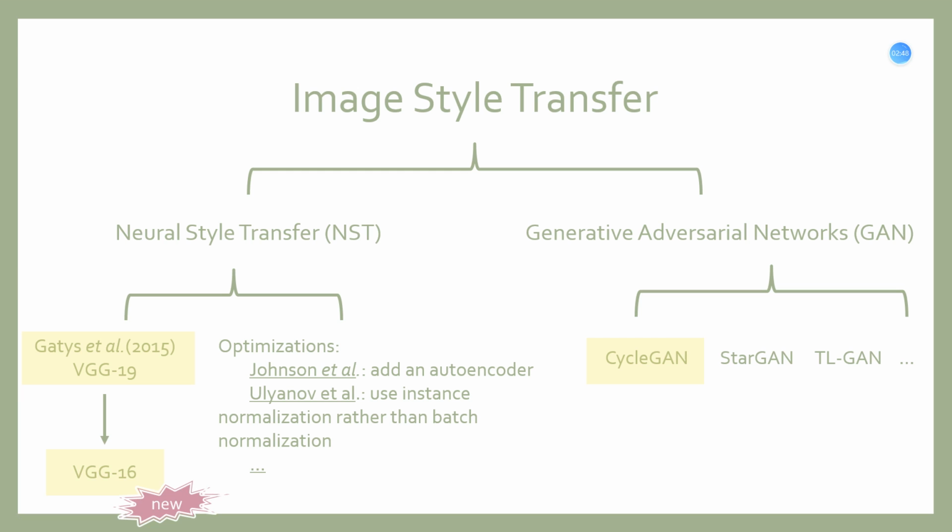So nobody has applied his algorithm on a VGG16 network. I also wondered what the difference between VGG16 and VGG19 is in performance on this image style transfer, so that's why I also evaluated VGG16 in this project.